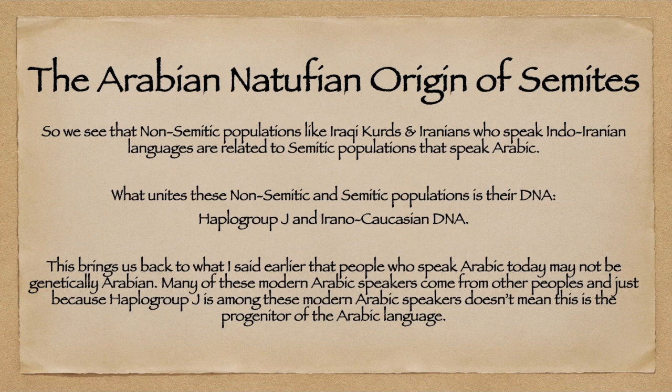Many of these modern Arabic speakers come from other peoples that had other types of origins towards the north. And just because haplogroup J is among these modern Arabic speakers doesn't mean that this is the progenitor of the Arabic language, which a lot of people seem to think.